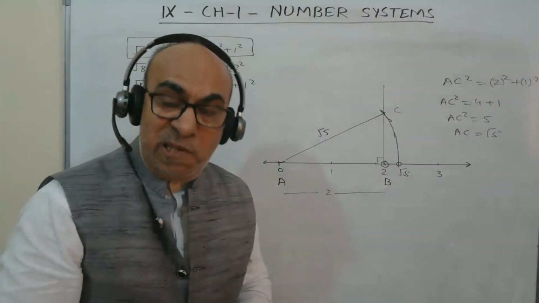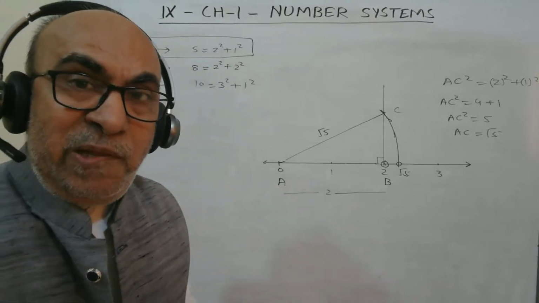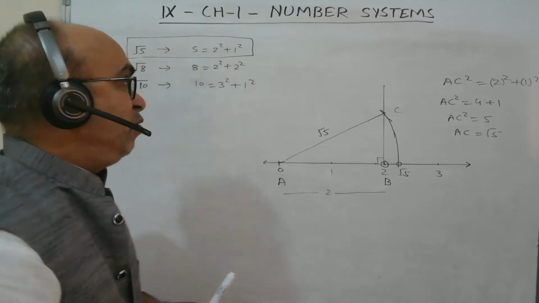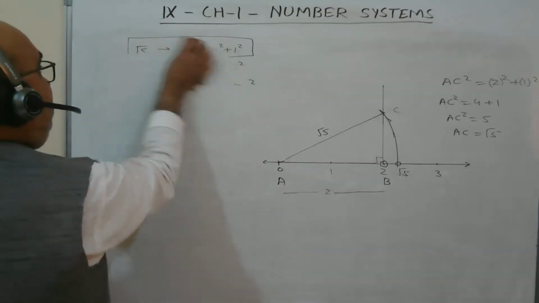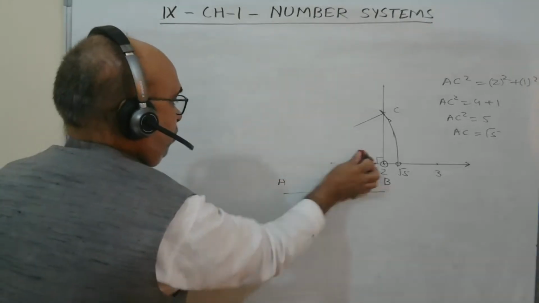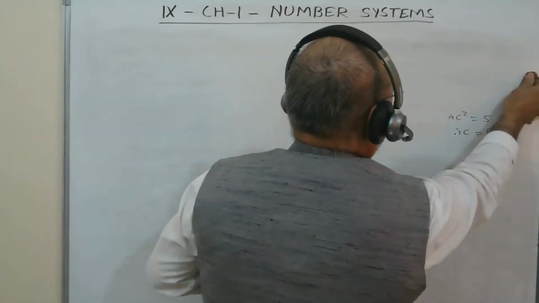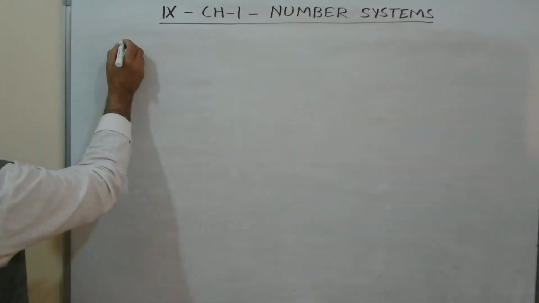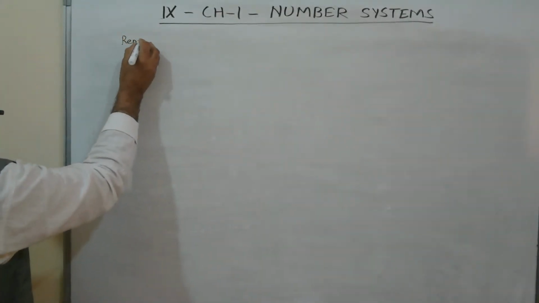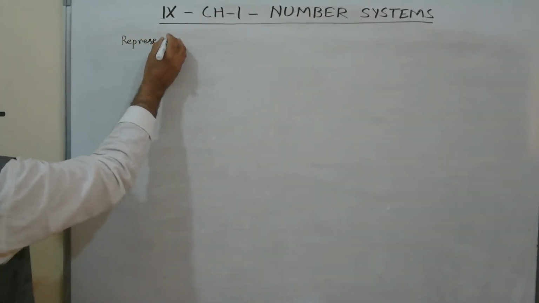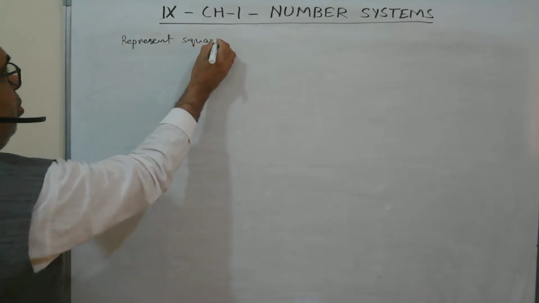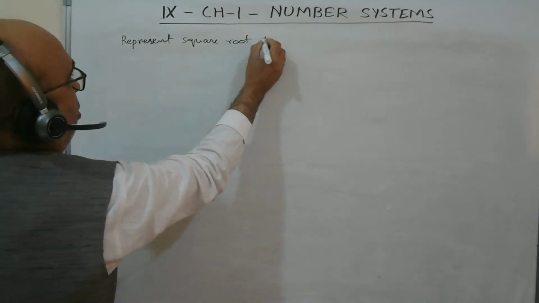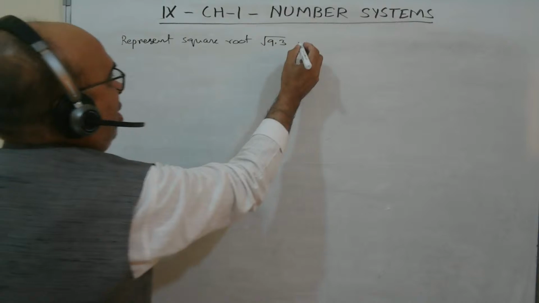So if it is a decimal number, how to represent it on the number line, that I'm going to tell you. Represent square root 9.3 on the number line.